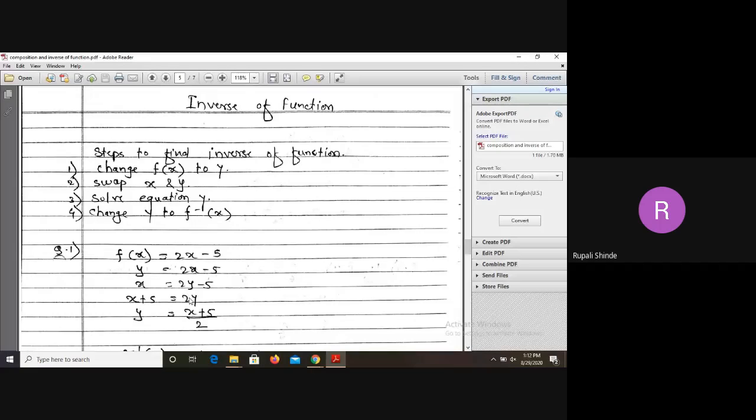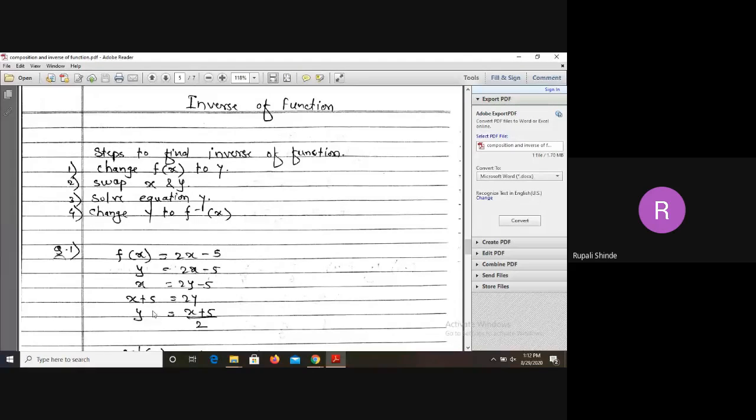Now we have to keep this y at one side and all remaining variables at one side. That's why we can move this minus 5 to this side. So it becomes x plus 5 is equals to 2y. Again we can keep this 2 at this side as y is equals to x plus 5 divided by 2.